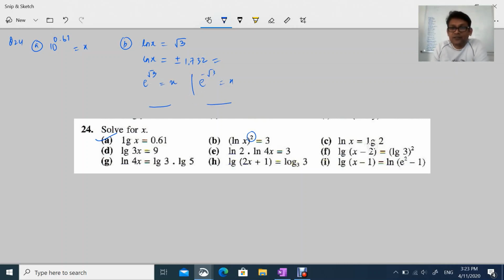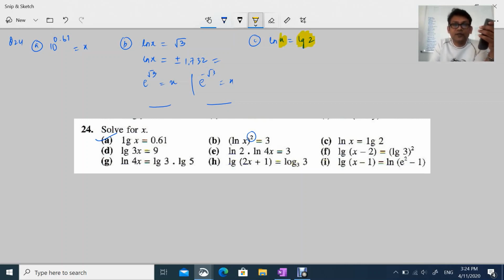Here ln x and lg 2. Please, this lg 2 is just a number. When you use the calculator, this log is only a number, 0.301. Don't worry about it. So in C part, ln x = 0.301, but it is better to write lg 2, because this is a constant value, not a variable.